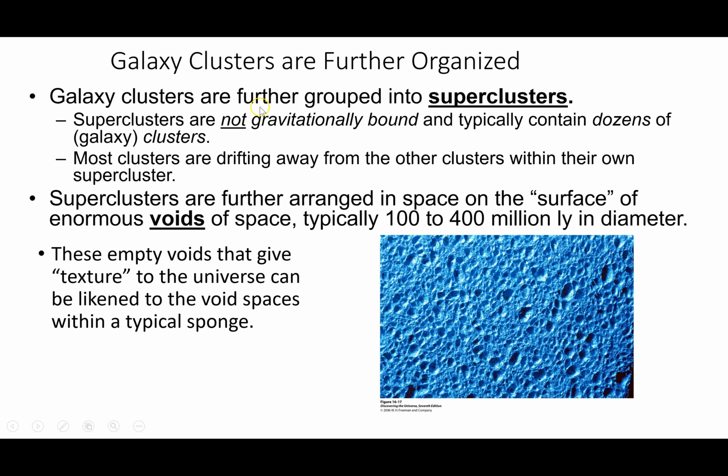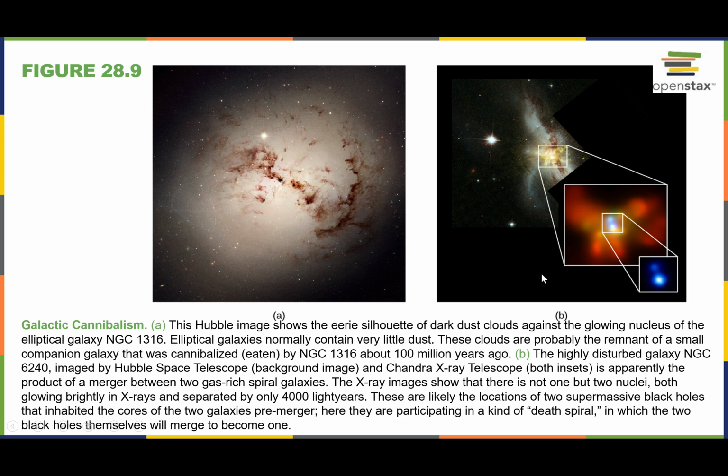But these superclusters, or the galaxy clusters, are organized around these void areas. The void area would be like a sponge: that's a void, that's a void, that's a void. And so there's emptiness there. No galaxies at all, no clusters of galaxies, no superclusters.